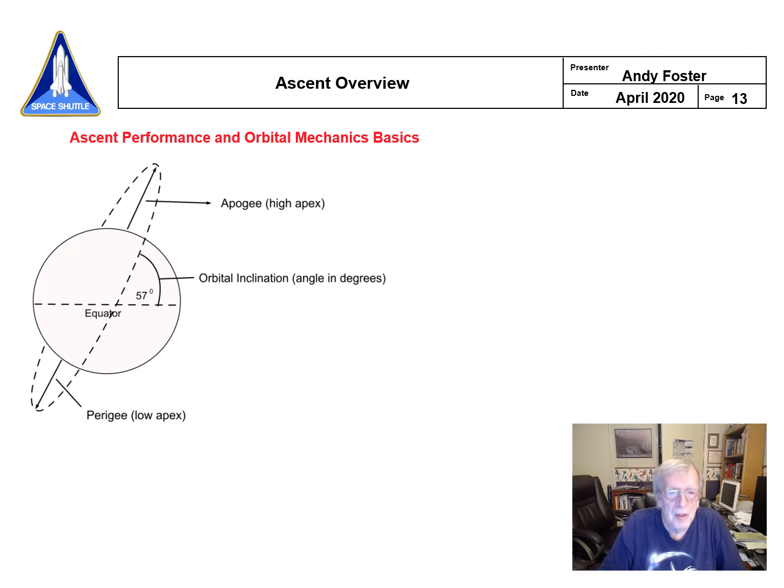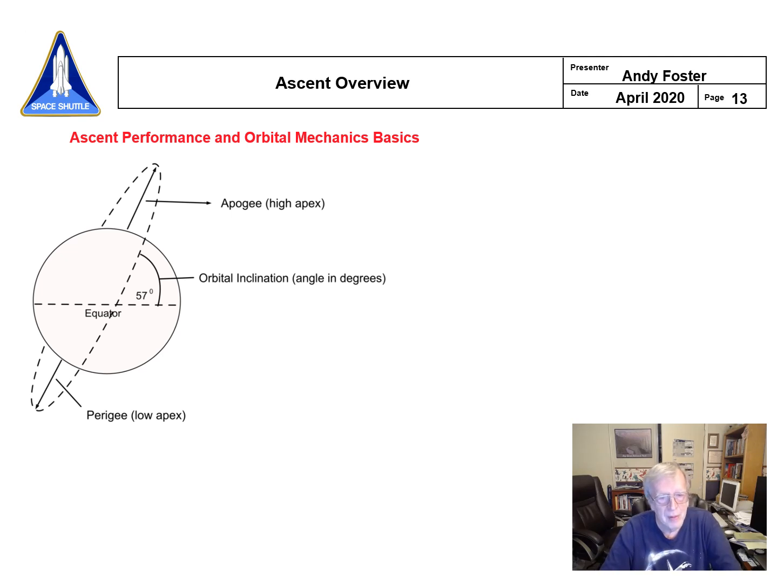So we're going to talk a little bit about ascent performance and orbital mechanics and how they kind of relate to each other so you understand some of the things about what we're doing. And this is a little picture of the Earth. You know it's not perfectly round, but we're going to say it is, and there's an equator. And we're showing you a picture of an orbit. And the high point of the orbit at the top is called the apogee, and the low point is the perigee. Now, it's not top or bottom really, it's just high point, low point.